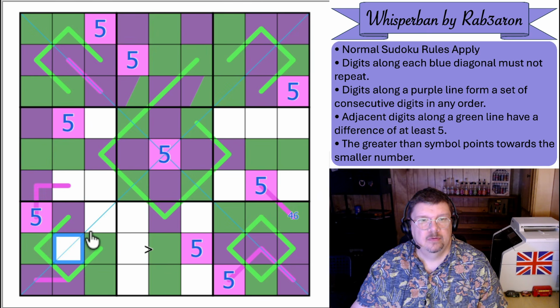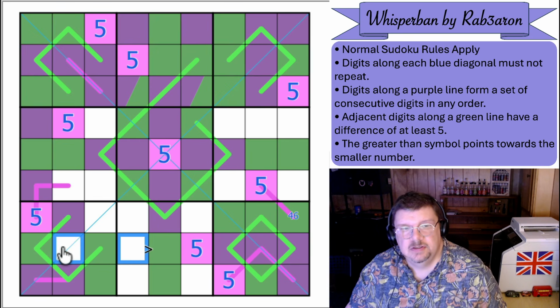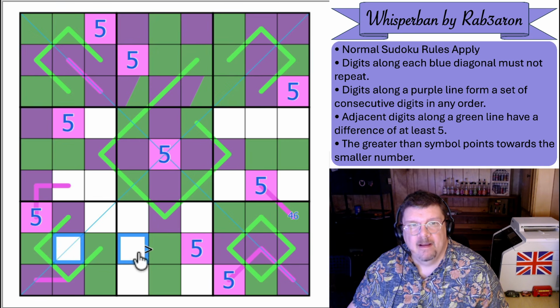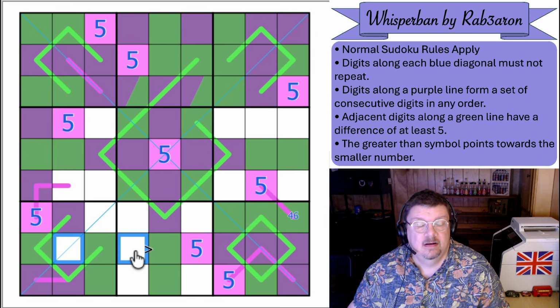That we know is one of each, those two. These two are one of each. I suspect that's going to be purple to tell us whether purple and green are high and low, but I don't know that yet.